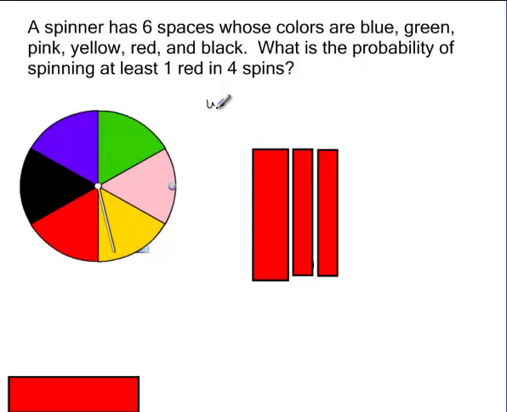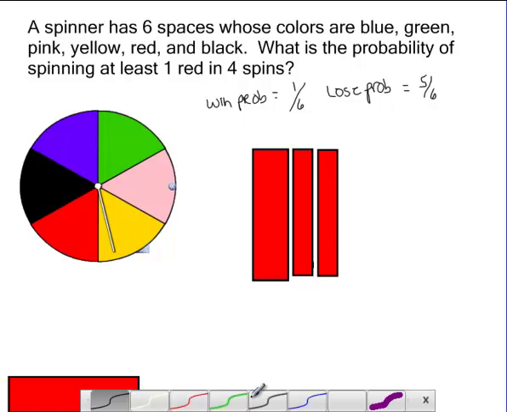So I have to get my information, and my information is this. What's my winning probability? I've got 1 red space out of 6 on there. So my losing probability is if I land on anything other than red, which is 5 out of 6. Now, I'm going to win if I can get red at least once.